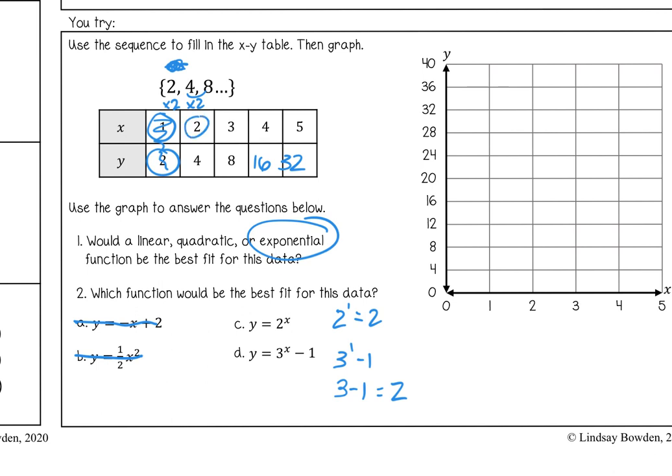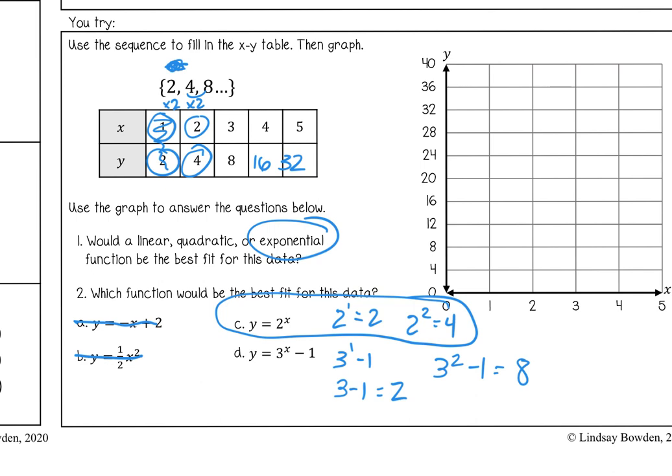Let's try it with the 2. So if I do 2 raised to the second power, that would be 4. If I do 3 raised to the second power minus 1, 3 squared is 9. 9 minus 1 is 8. And since the y here is 4, it has to be this one, because those match.